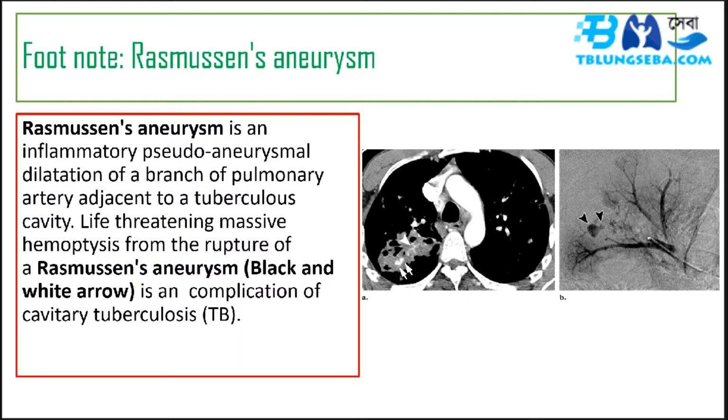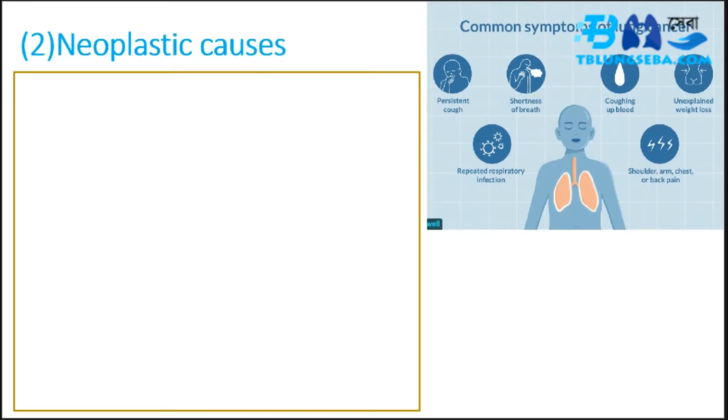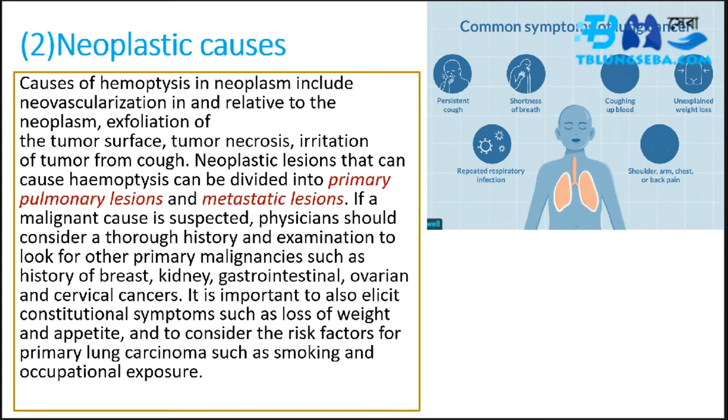Two, neoplastic causes. Causes of hemoptysis in neoplasm include neovascularization in and relative to the neoplasm, exfoliation of the tumor surface, tumor necrosis, and irritation of the tumor from cough. Neoplastic lesions that can cause hemoptysis can be divided into primary pulmonary lesions and metastatic lesions.